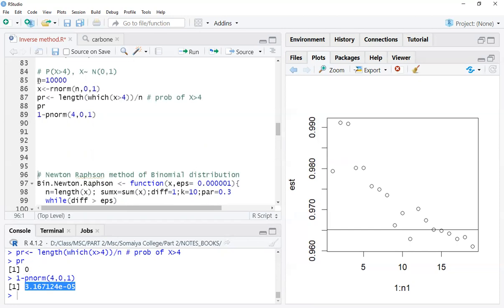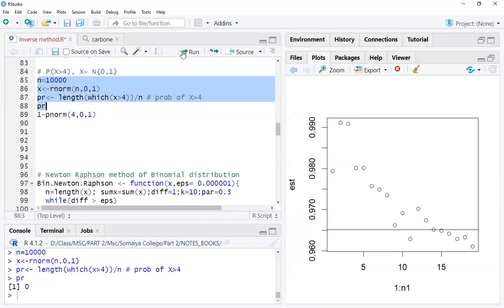If you just run once again here, this value again is coming 0. Now look at this, because in this scenario you are getting only one observation which is greater than 4. So 1 upon 10,000 will give you the probability of this value.